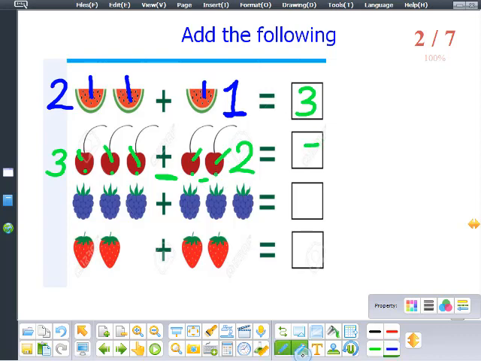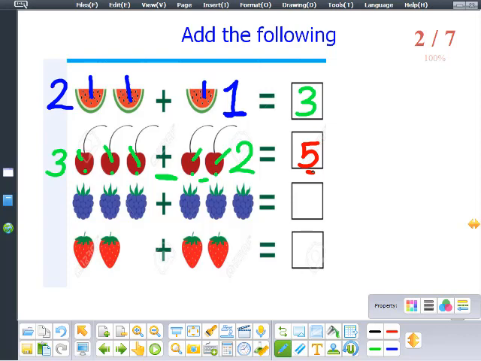Let's write number 5 with another color. So here I have 5 cherries. When I add 2 to the 3 cherries, now I have 5 cherries. Wow.